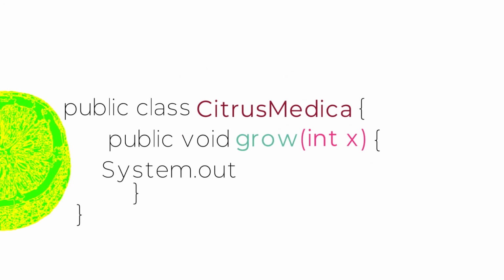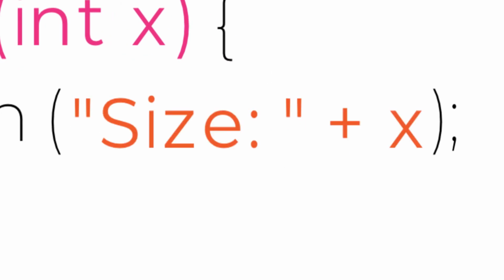The three parts, System, out, println, separated by dots, present the value as an argument later in a way that we are able to read it. This line will tell the program to show the given size of a specific Citrus medica. Let us now create a new class, a new subclass to be precise, and go further down the citrus hierarchy and call the offspring Citrus paradisi.